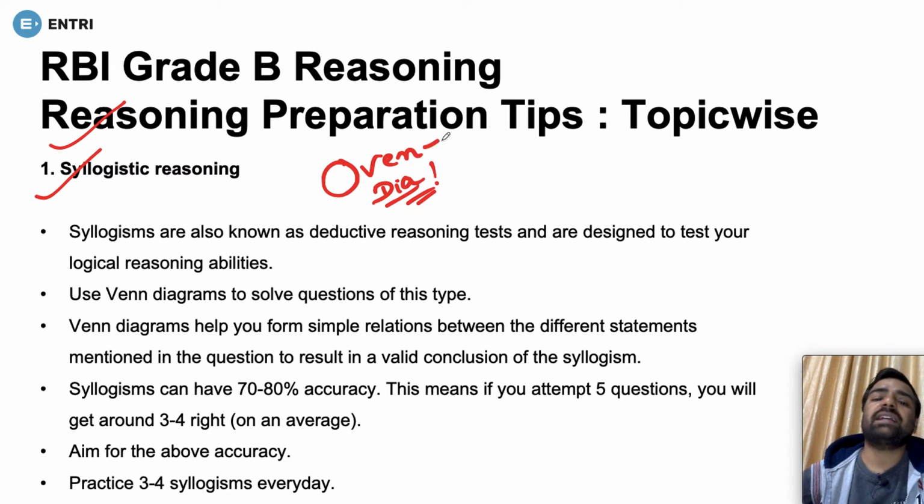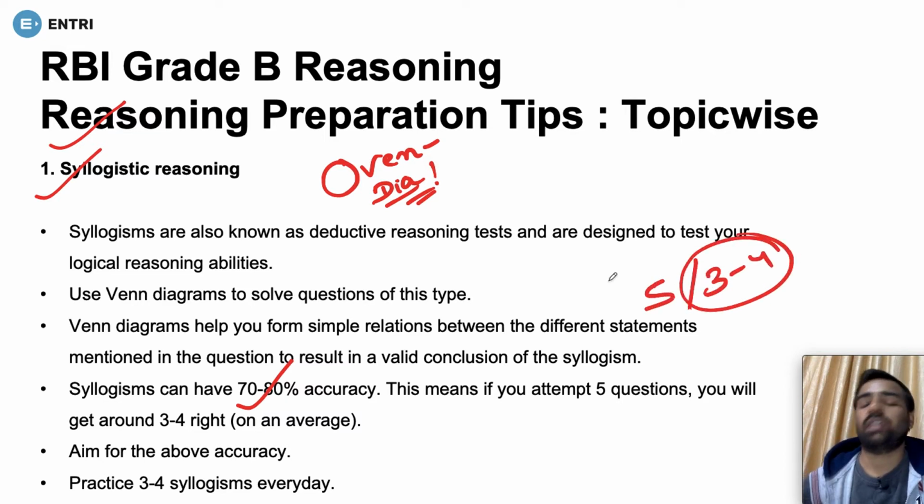These Venn diagrams just make the question easy, and the best part is that by making the Venn diagram we clear ourselves that, okay, this particular thing was asked. Fine. So syllogisms can have 70 to 80% accuracy. This means if you are attempting 5 questions, you will get around 3 to 4 questions correct on average.